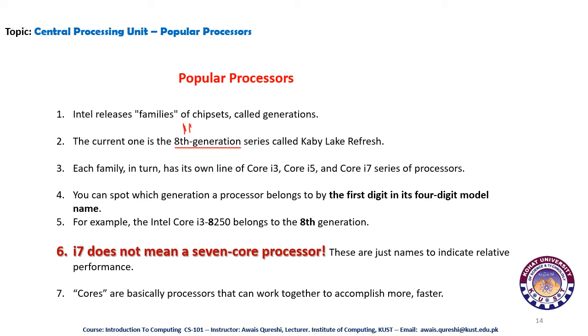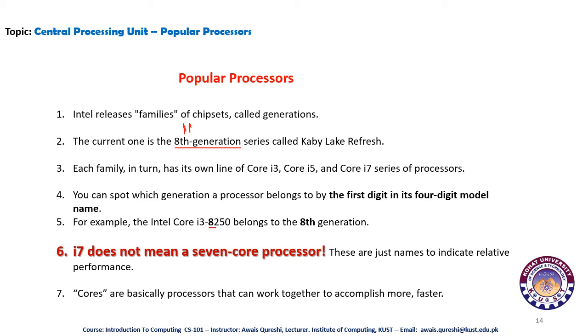For example, the Intel Core i3 8250 belongs to the 8th generation. As you can see, this is the generation name, Intel Core i3-8250. The initial character after the dash indicates its generation. So you can figure out that this is an 8th generation processor, and the processor family is Core i3.